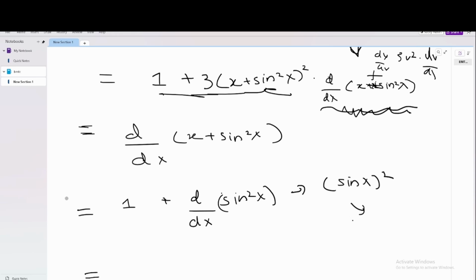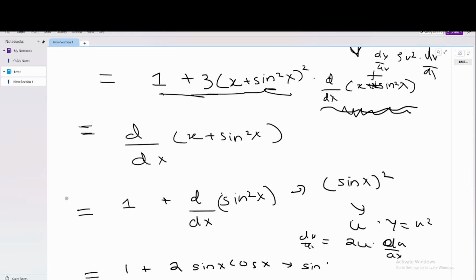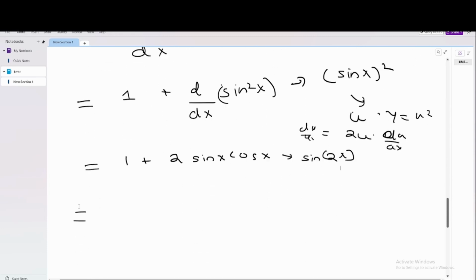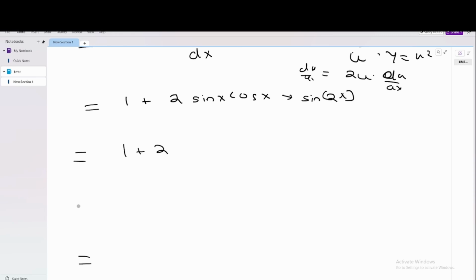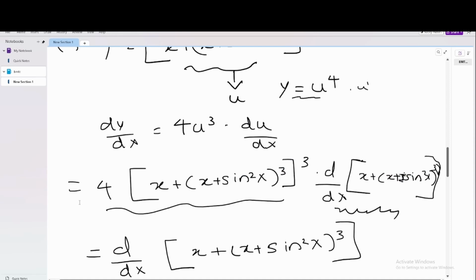Here sine x is equal to u, then y is equal to u square, then dy by dx is equal to 2u into du by dx, that is 2u equals 2 sin x into the derivative of u, cos x. 2 sin x cos x is equal to sin 2x. So this will become 1 plus sin 2x.